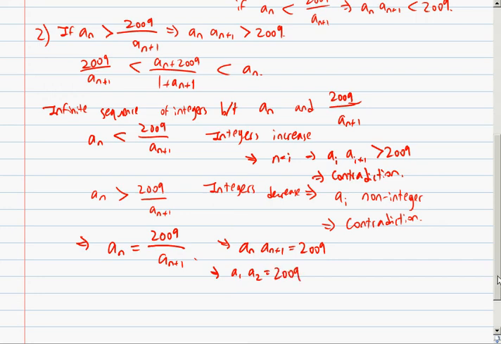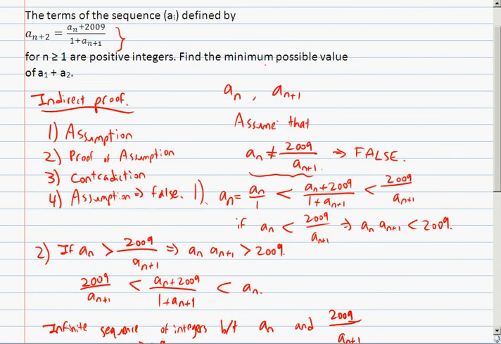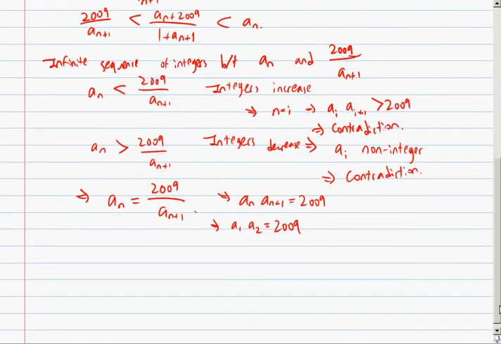Now the original problem statement asks us to minimize a sub 1 plus a sub 2. So looking at this product here, we see that 2009, written as the product of two numbers, would be equal to 41 times 49.